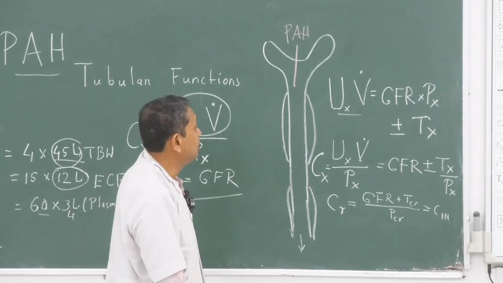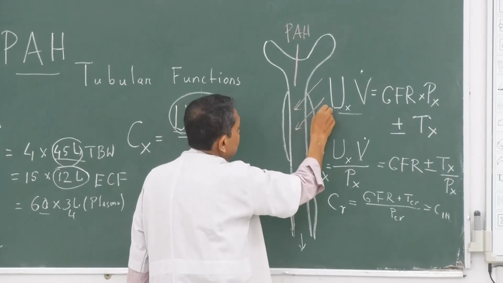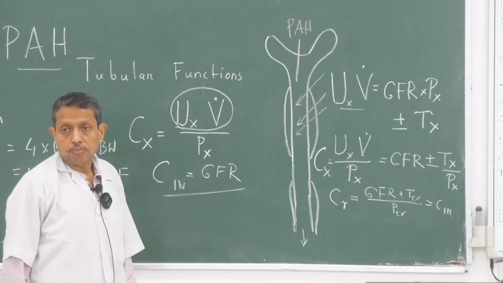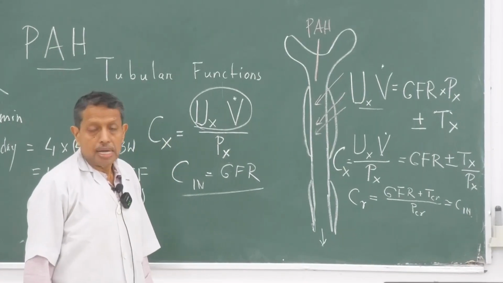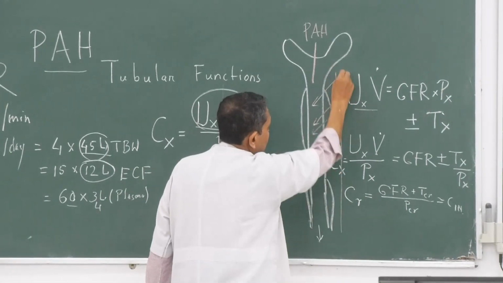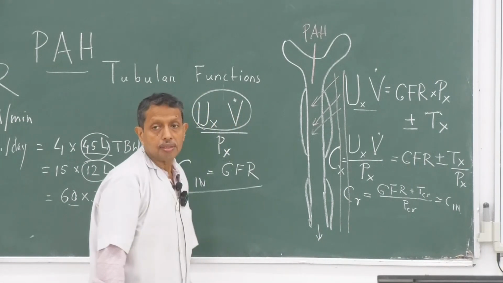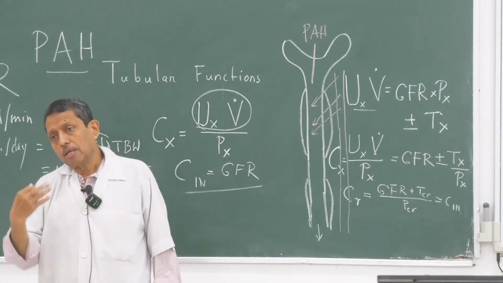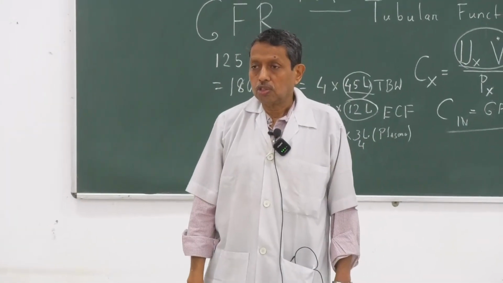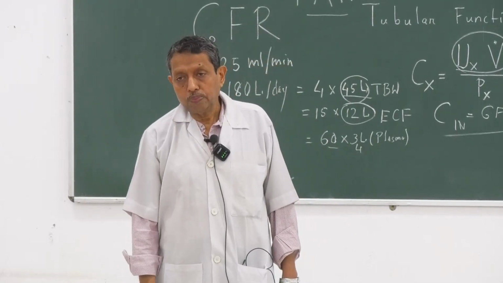It is extensively secreted, so that all is eliminated within the peripheral capillaries, in the proximal tubule. So its clearance represents that of the renal plasma flow.